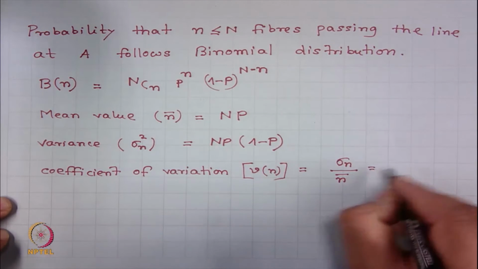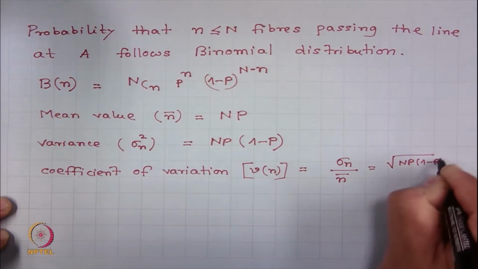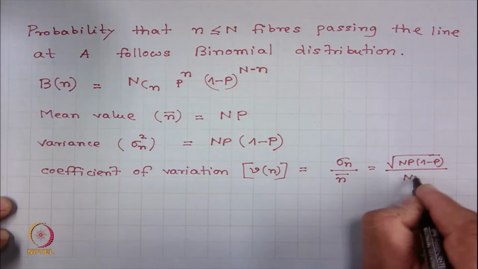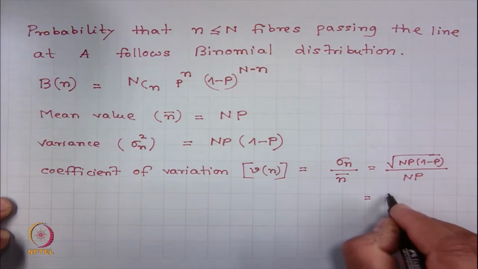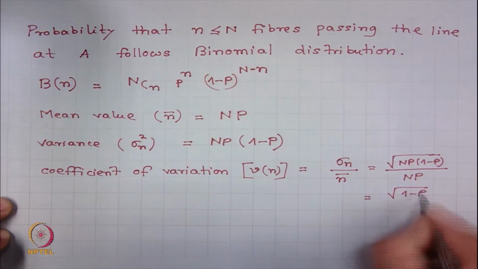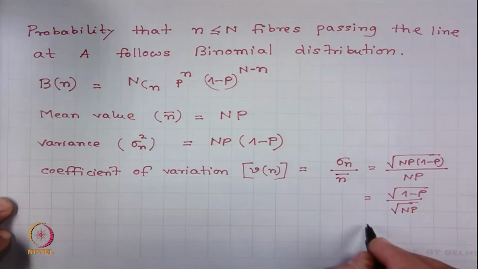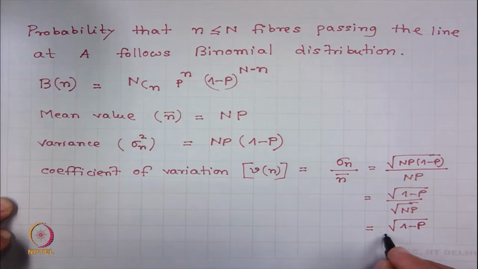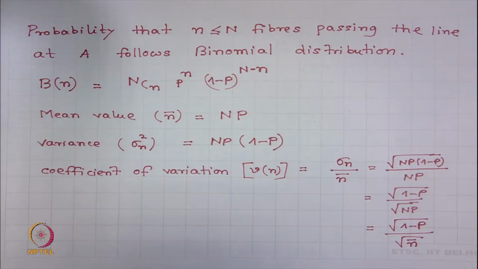So, root over N P into 1 minus P by N P. So, root over 1 minus P by root over N P. Further, we can write root over 1 minus P by N P as 1 by root over n bar, right.